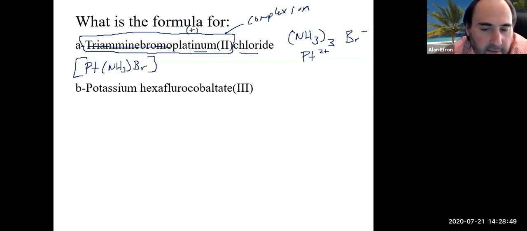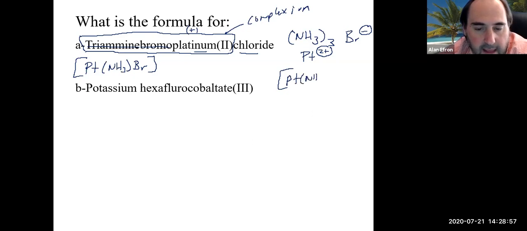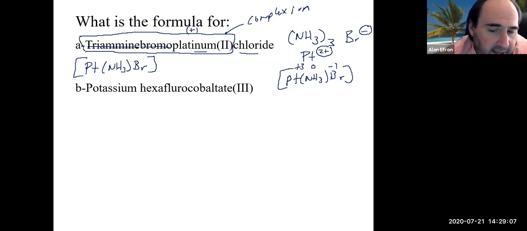and why it's really important to figure out all these charges is when I pop that together and include my charges, I know that's -1, that's 0, and that's +3. That means that my overall complex ion part, if I just look at the complex ion part, is +2.